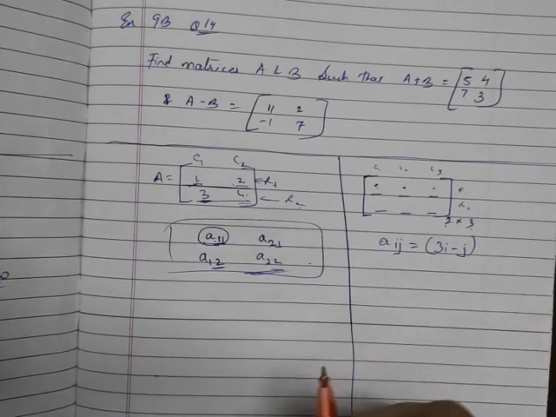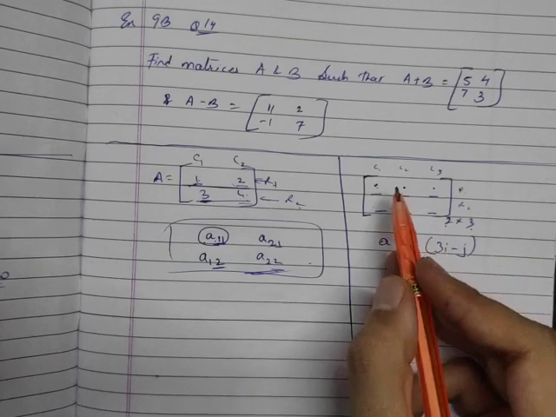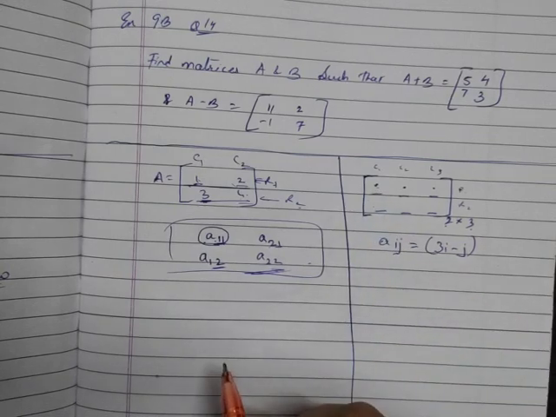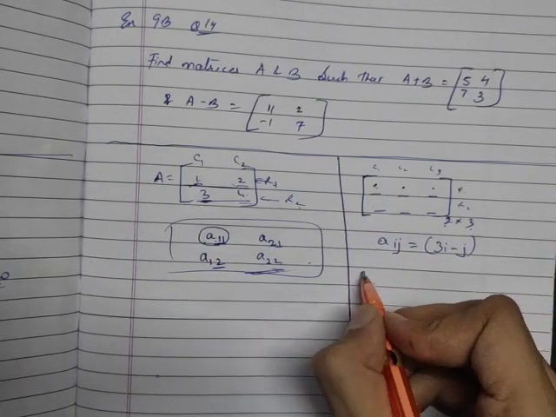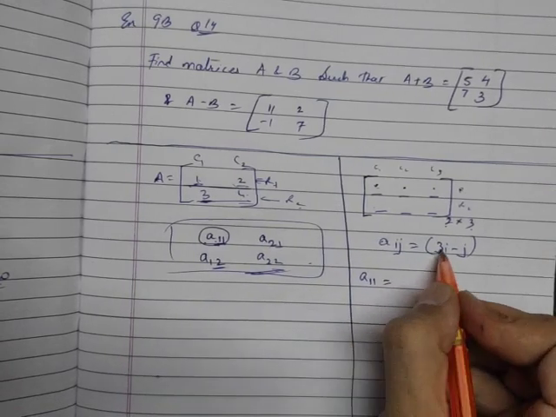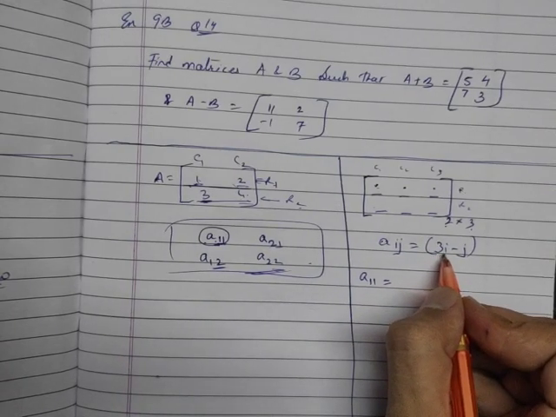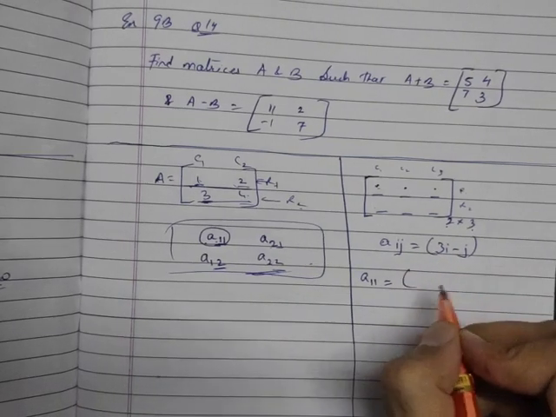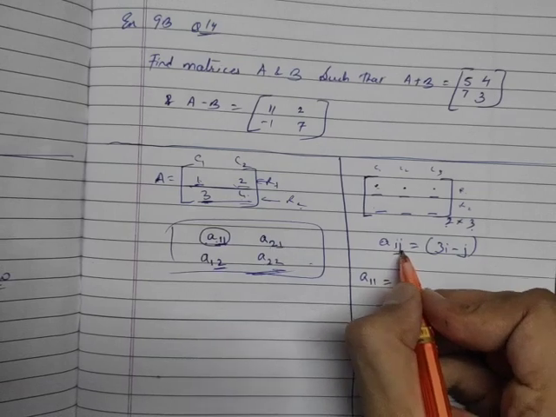Let's break this down. Say, for example, I want to fill this element. Which element is this? This is element A11. So I will write A11 will be equal to, as per this given condition, 3i, where i means row number and j means column number.